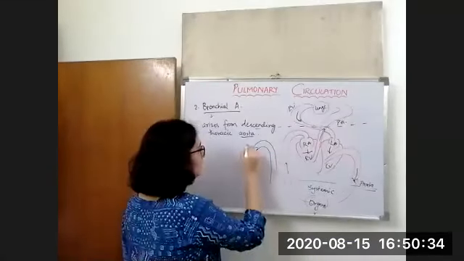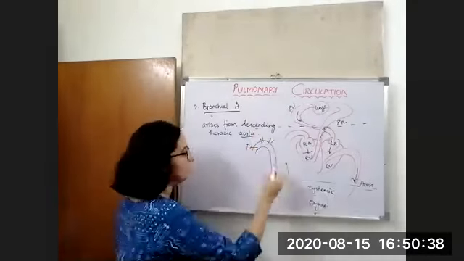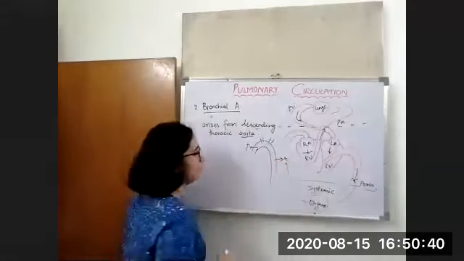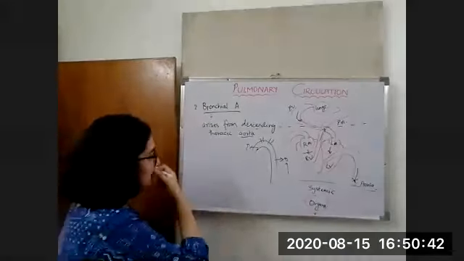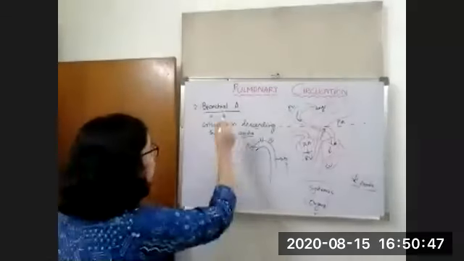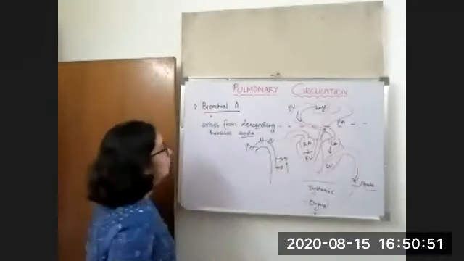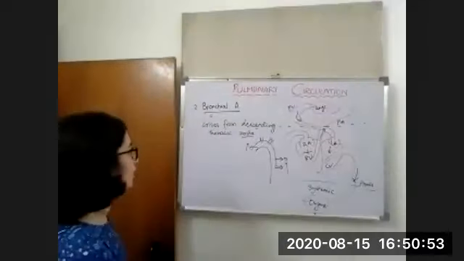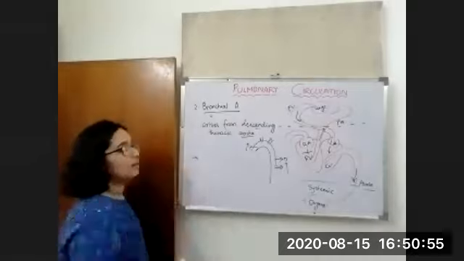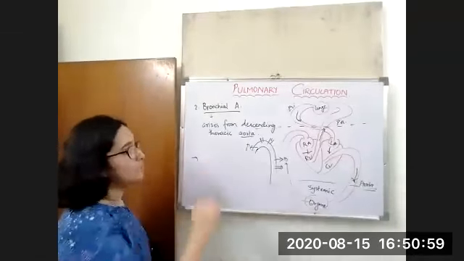So this aorta is like this. This part is the ascending part. This is your aortic arch, and this is your descending part. And this aortic arch gives off smaller branches. So this bronchial artery originates from this descending part of the thoracic aorta. What does the bronchial artery do? It supplies arterial blood to various parts of the lungs.